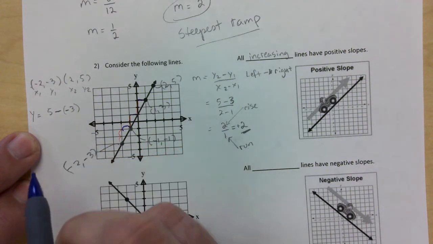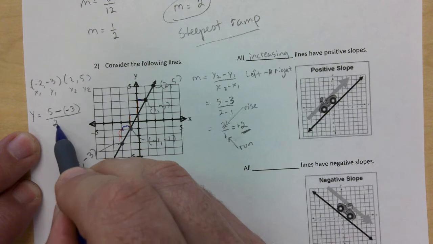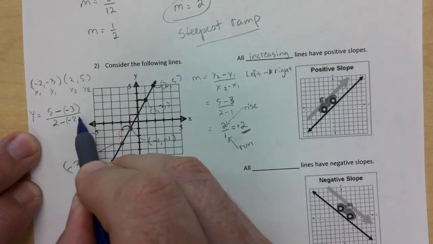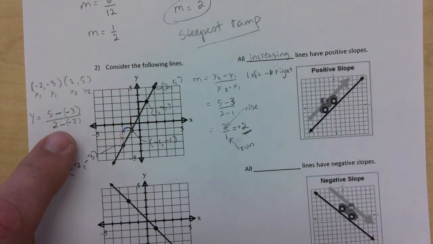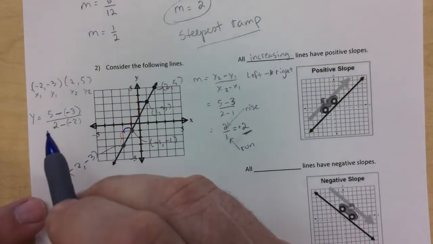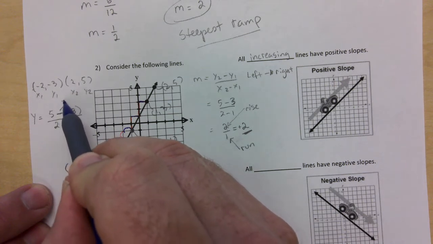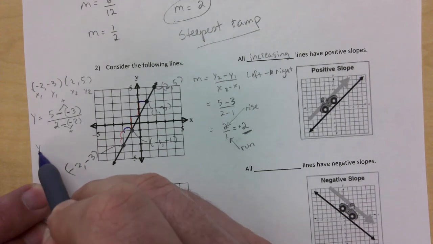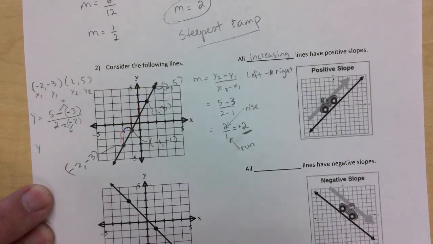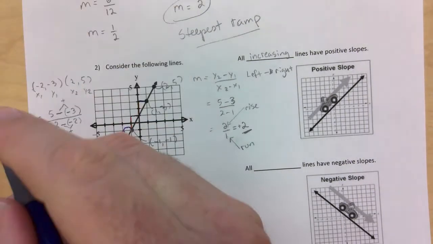So watch the double negatives, over x2 minus -2. So the minus is part of your formula, and if the value you're taking happens to be negative, it needs to follow. So we know that these two turn positive and these two also turn positive. So you end up with, why do I have y here? Sorry folks, it's supposed to be m. Too excited.